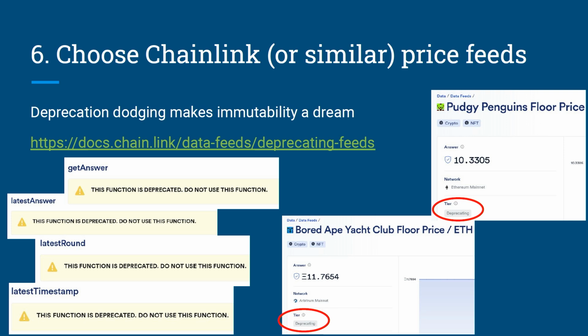Chainlink is not like Uniswap in the sense that Uniswap is decentralized and not likely to change on chain. They have designed the system this way. Chainlink has a lot of off-chain components, and it can change. And this slide demonstrates that. You may be using a certain function in your contract, and Chainlink may decide later to deprecate that function.